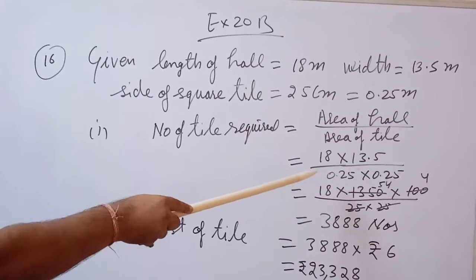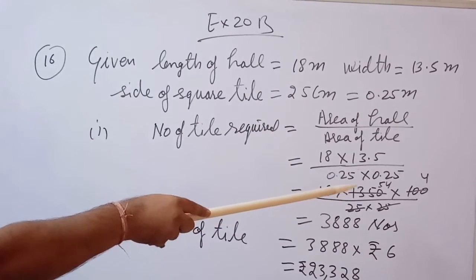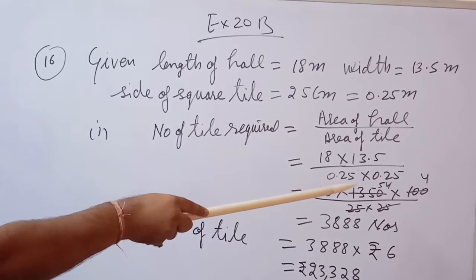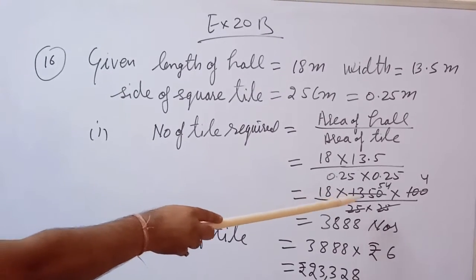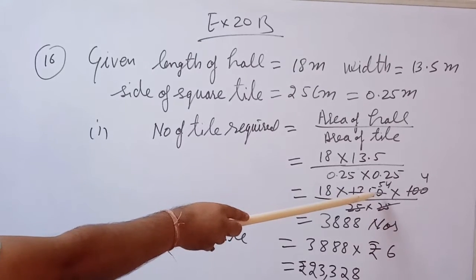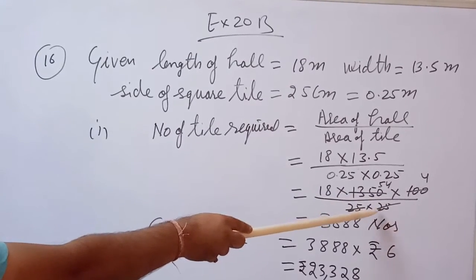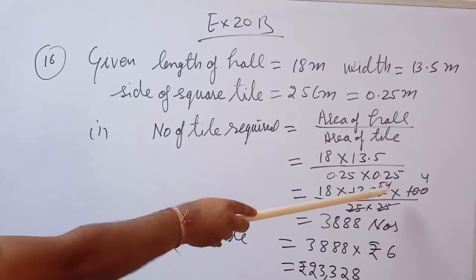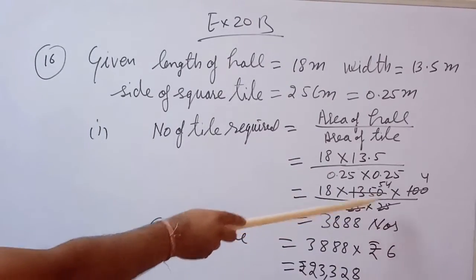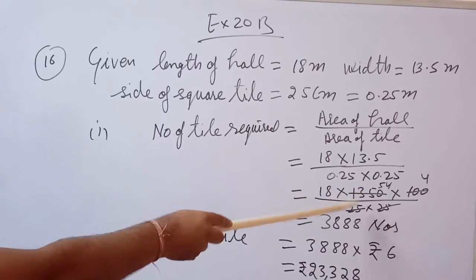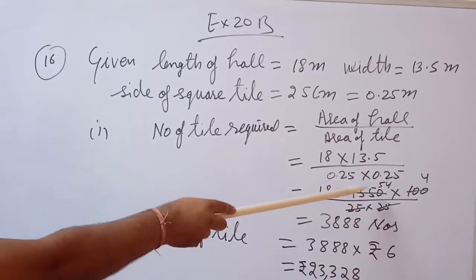Now remove the decimals: add 2 zeros, that will give 100 in the numerator, and the 1 decimal will cancel with the 13.5, and 1 more 0 will be put to remove the decimal. So 1350 and 100. Cancel 25 with the 100, and 1350 divided by 25 gives 54.